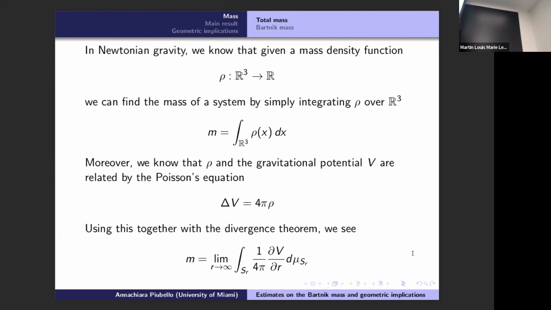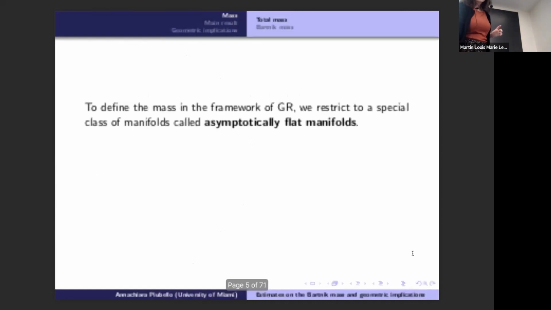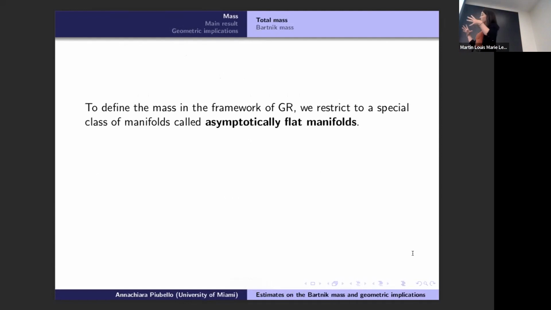Okay, so we would like to have a formulation like this also for GR. However, in GR, things are a little trickier. So let me start first by restricting the framework for GR. To define mass, we need to restrict to a special kind of manifolds called asymptotically flat.